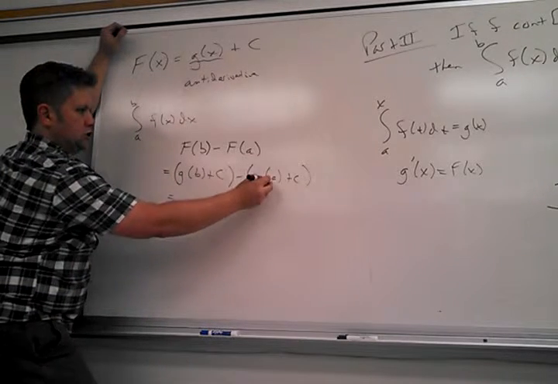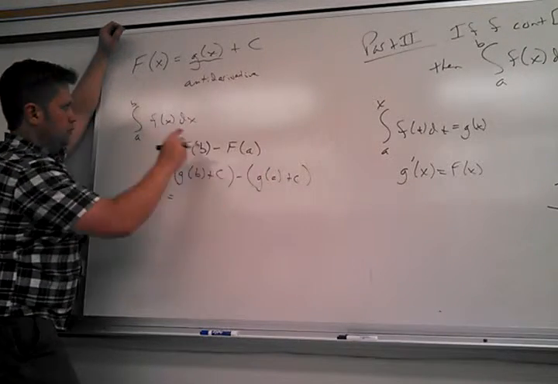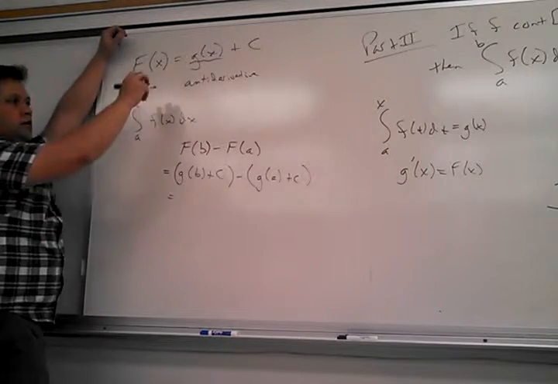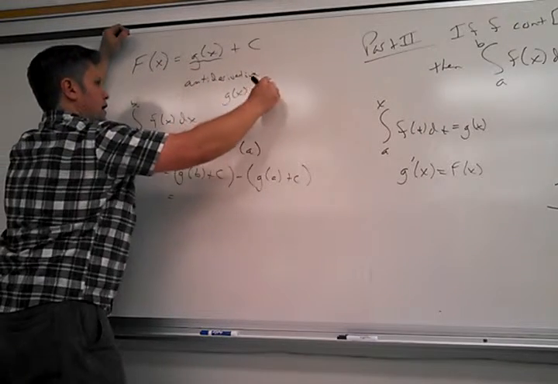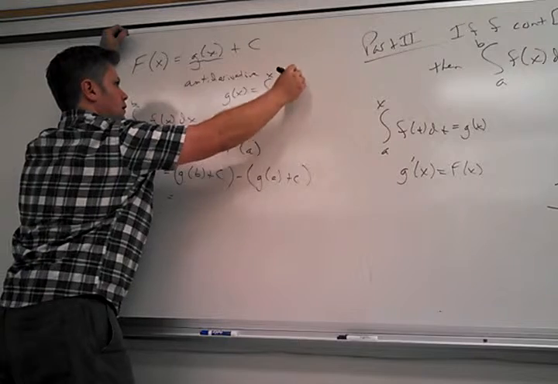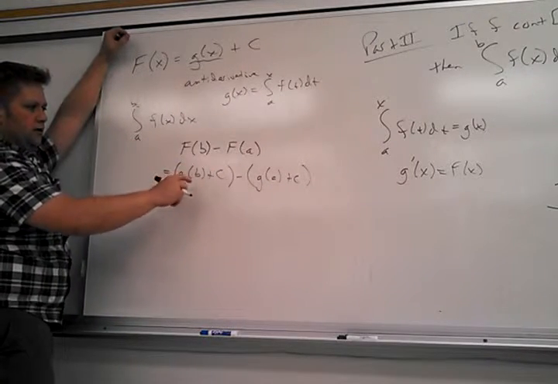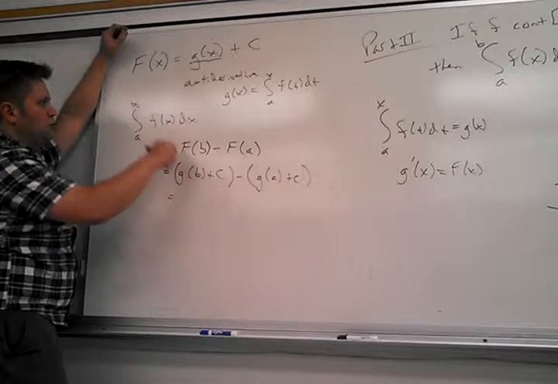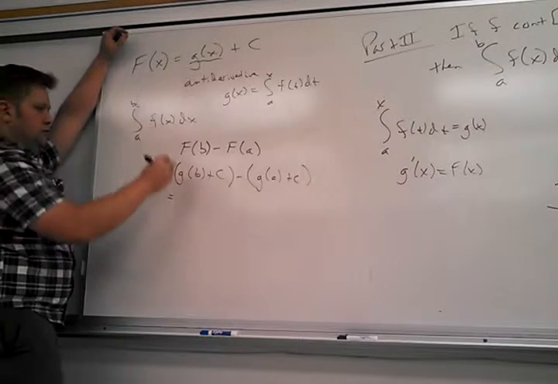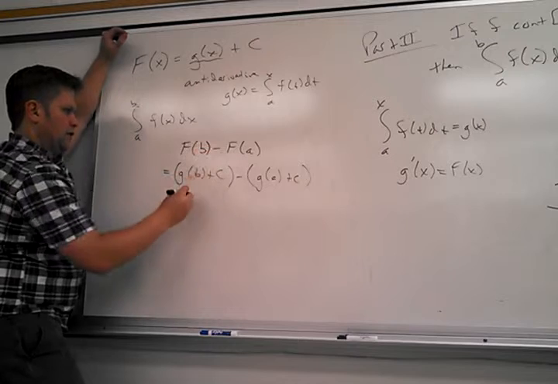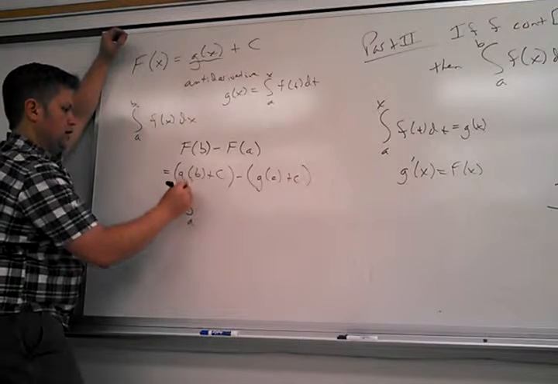So then, of course, g of a is 0, because now I just have an a here. Are you with me? g of x is just a to x, so g of a would be 0, and g of b would be this. So then I get F of b minus F of a equals the integral from a to b.